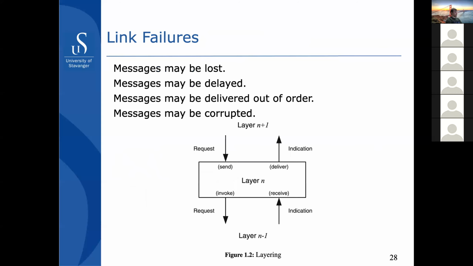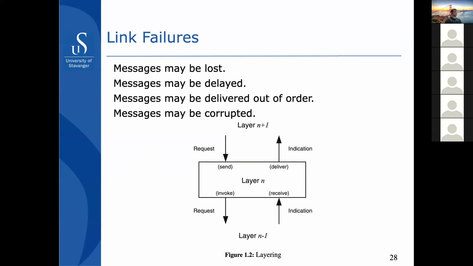But in our distributed systems, we always need to consider that messages can be lost, corrupted, delayed, and also delivered out of order. The easiest to grasp is that they are lost, meaning that they simply do not arrive.